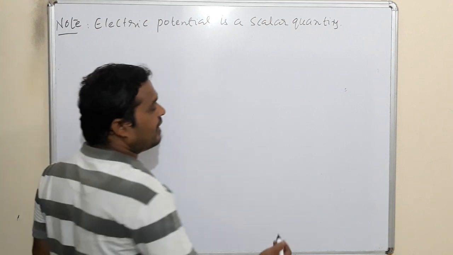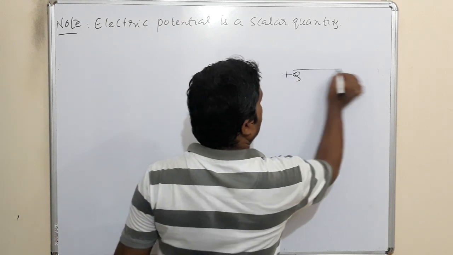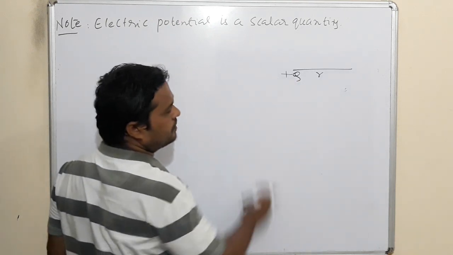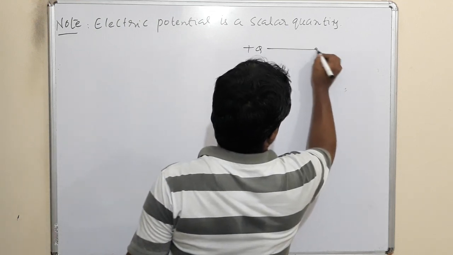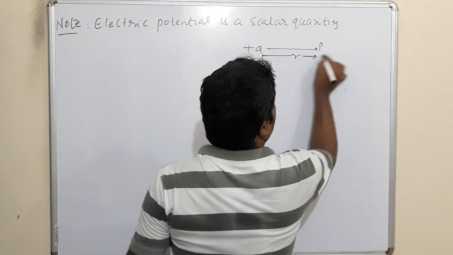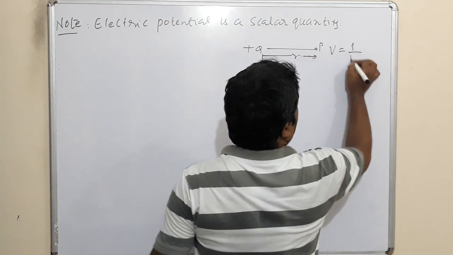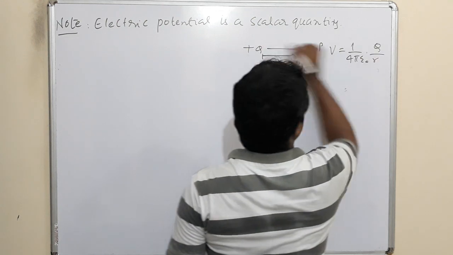And while calculating the electric potential, remember this point: if this is plus q charge and I want to find the potential at a distance r, what is my formula? 1 by 4 pi epsilon naught, q by r. If it is plus, I will write plus.